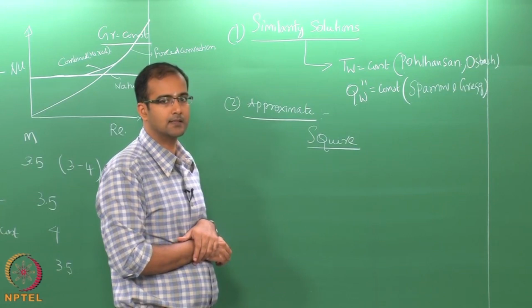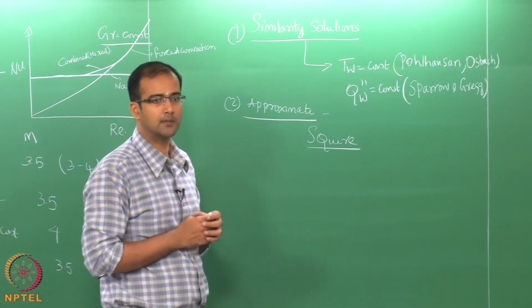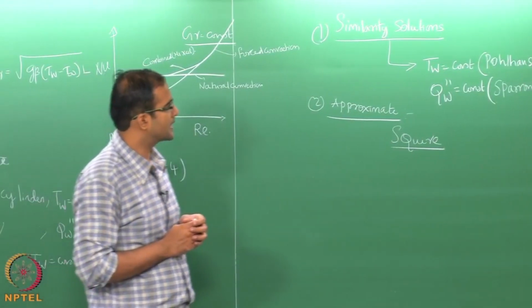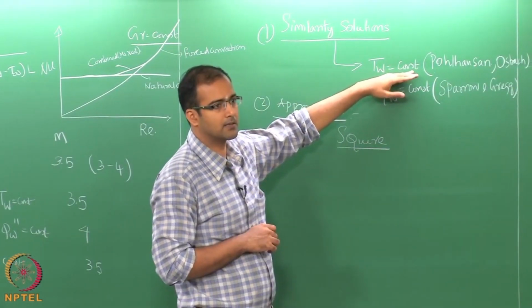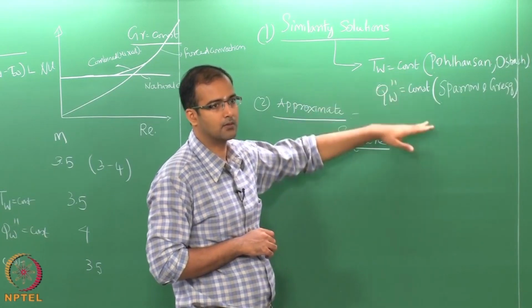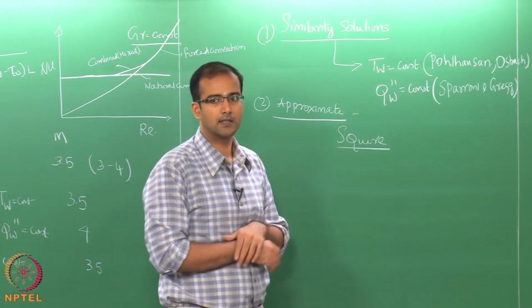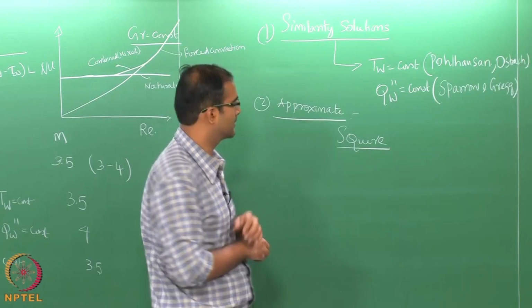So, similar to the external forced convection, you have similarity and approximate solutions also for the natural convection problem. So we will start with the similarity solution with constant wall temperature boundary condition, and later on we will move to the modification required in the similarity variable for the constant heat flux, and then we will go to the approximate methods.